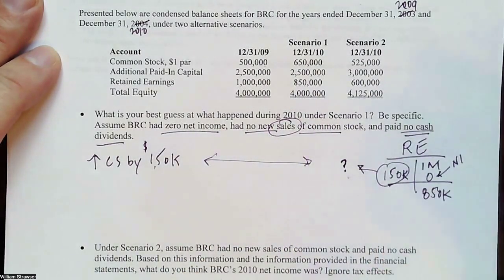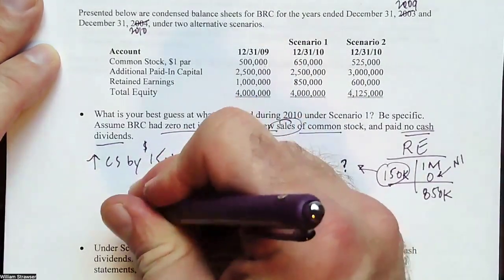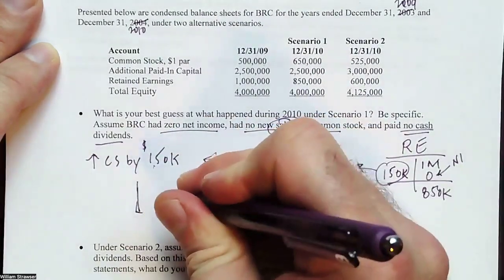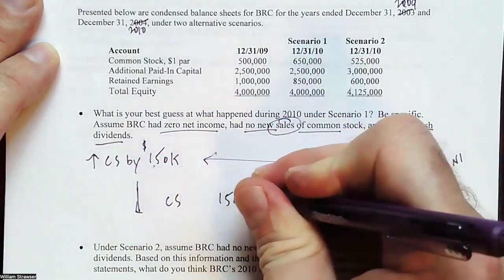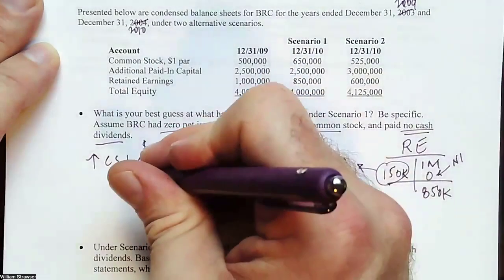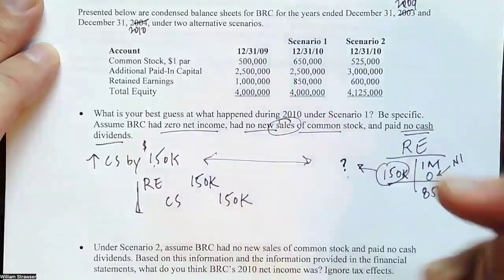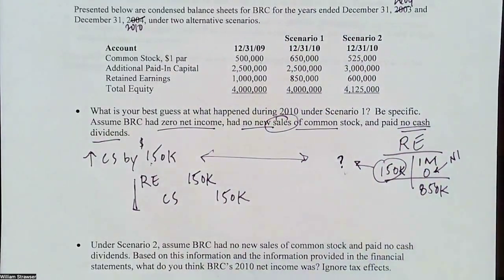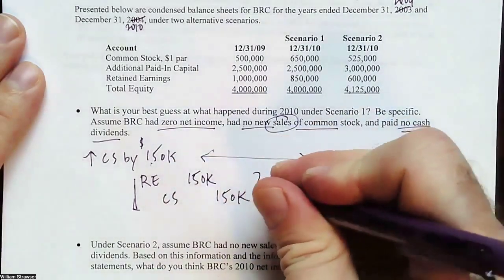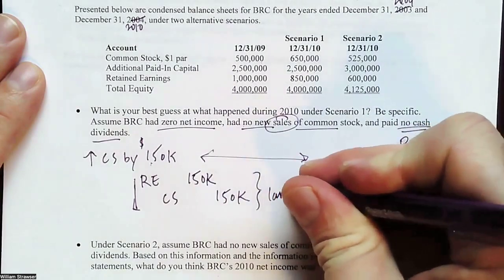And in that case, if my common stock went up, it must have been credited. And if my retained earnings went down, it must have been debited. We have right now kind of an open and shut case as to what this might be. What is a dividend that we know of that affects retained earnings exactly as much as it affects common stock? This must be a large stock dividend.